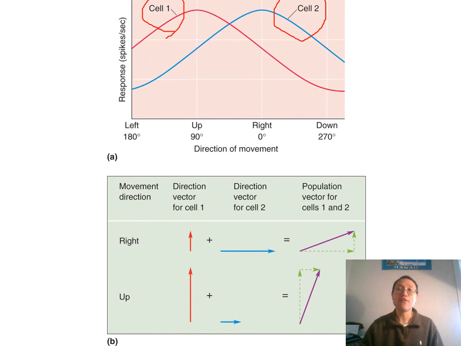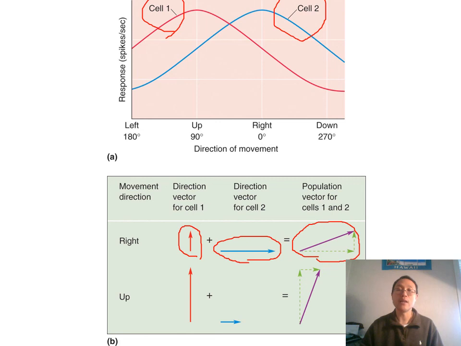So let's say cell 1, in red, is making this much activity, and cell 2, in blue, is making this much activity. Then the population vector for cell 1 and cell 2 is going to be a combination of that.